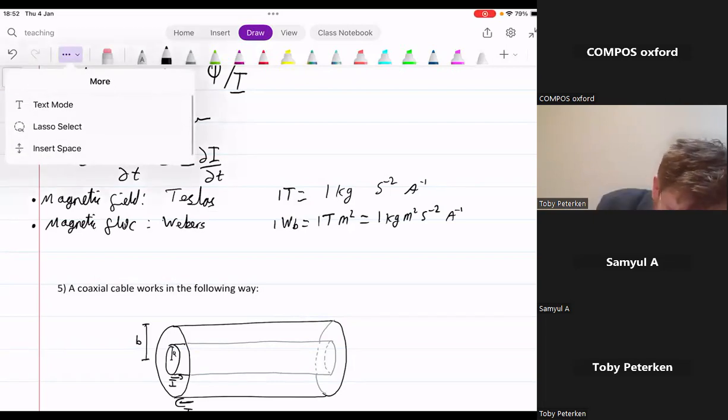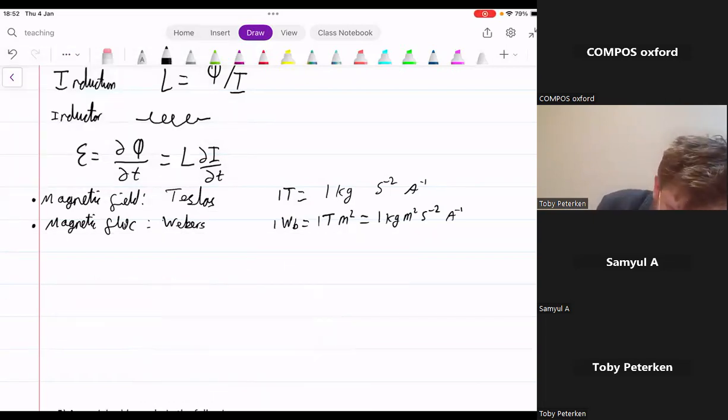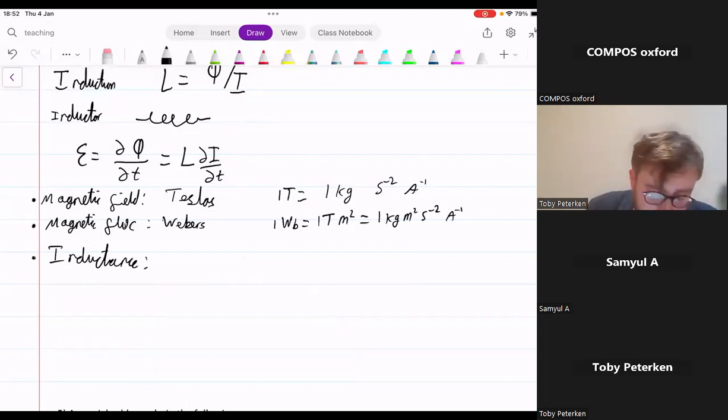And then finally, we have inductance. Inductance is measured in henries.